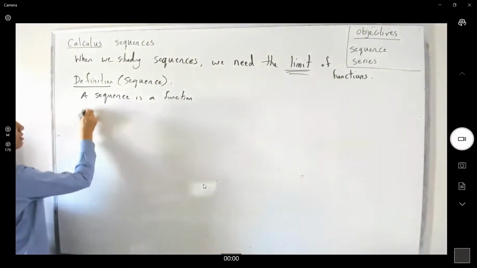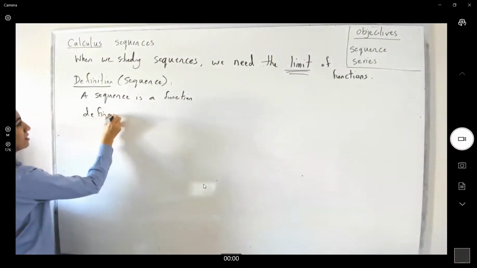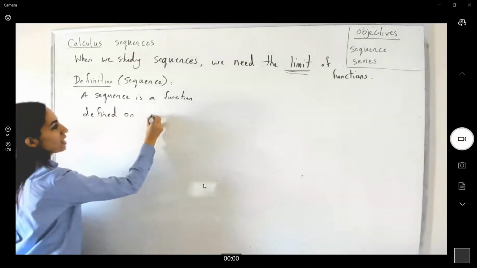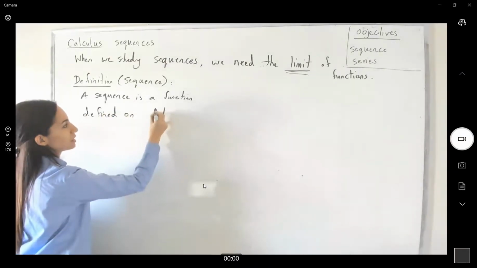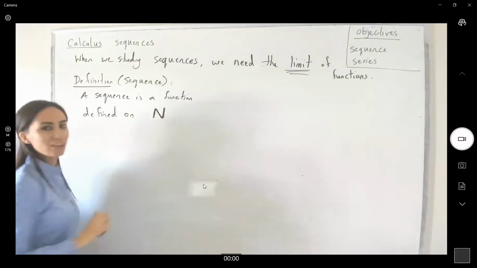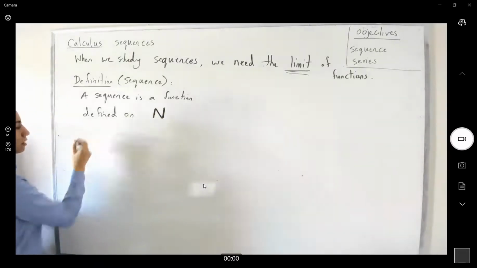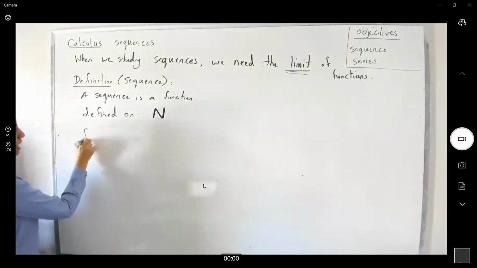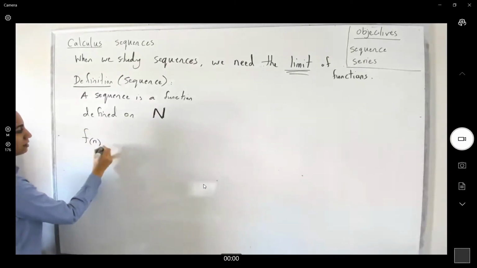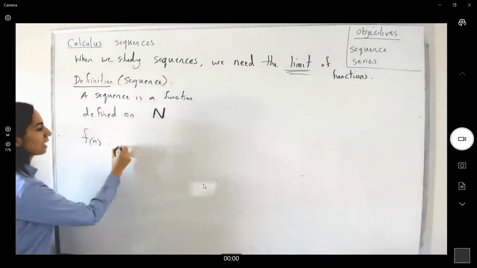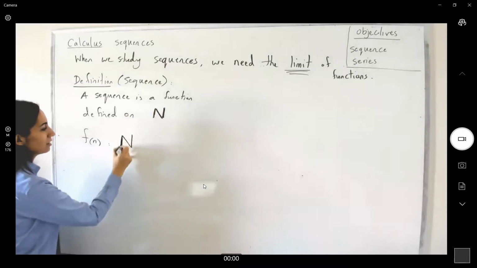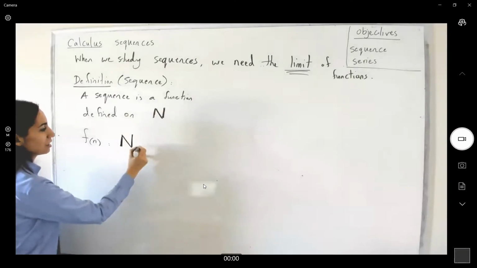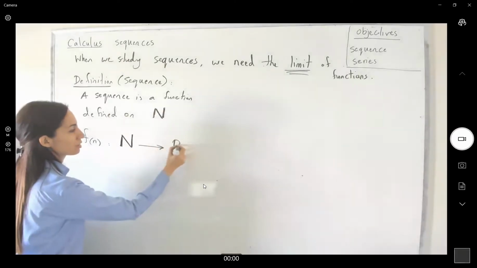A sequence is a function defined on n. What is n? N is natural number set. We denote this with f of n that maps the element of n into R.